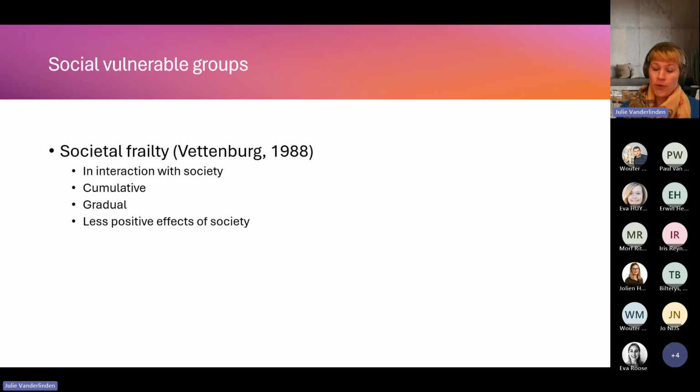If your predecessors, your prior generation, were subject to or were socially frail or vulnerable, the chances are very likely that you might inherit it, and that you as a child or the next generation might also face frailty and vulnerability, and that it's very difficult to break out of that.